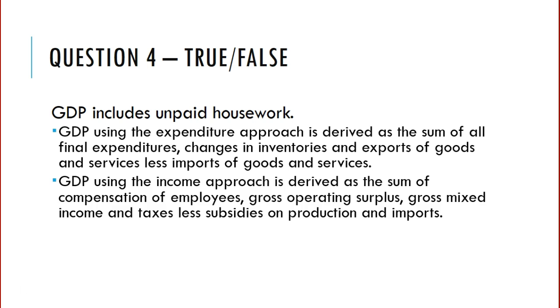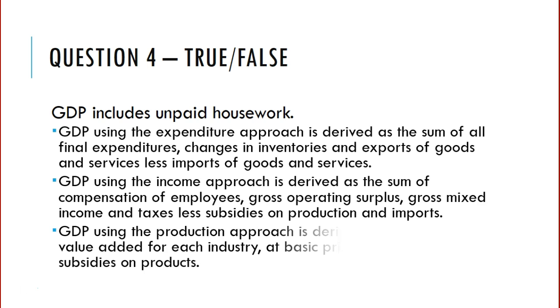GDP using the income approach is derived as the sum of compensation of employees, gross operating surplus for businesses, gross mixed income, and taxes less subsidies on the production and imports. Again, you can see this is about income, so compensation for employees, for example, or profits. So again, unpaid housework doesn't generate an income in itself because it's unpaid. By definition, it's not going to be captured by this method.